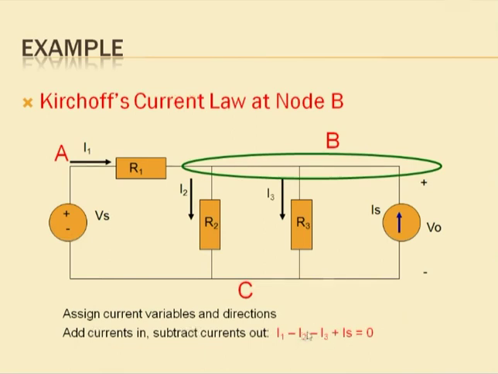So here you can say that I1 plus IS is equal to I2 plus I3. I1 and IS both are currents entering the node, I2 and I3 both are currents leaving the node. So this is the application of the Kirchhoff's current law.